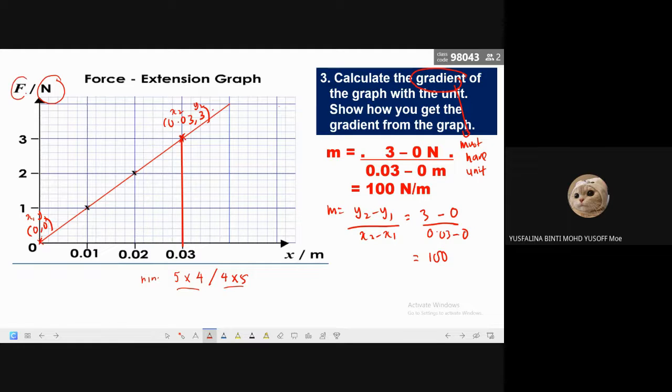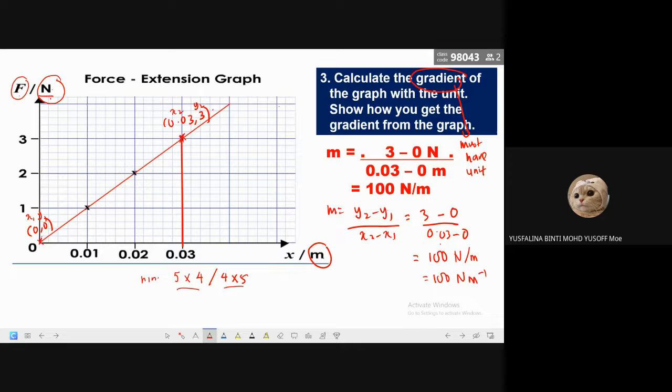Remember, this is the symbol and this one at the back here is the unit, and this one is also the unit. You divide y by x, so your unit is also y divided by x. So it means N over m, or you can write N m^-1.